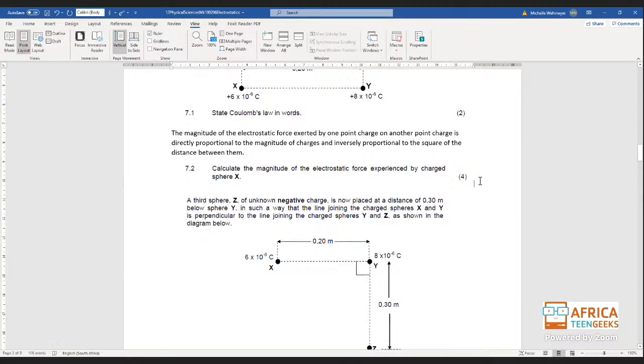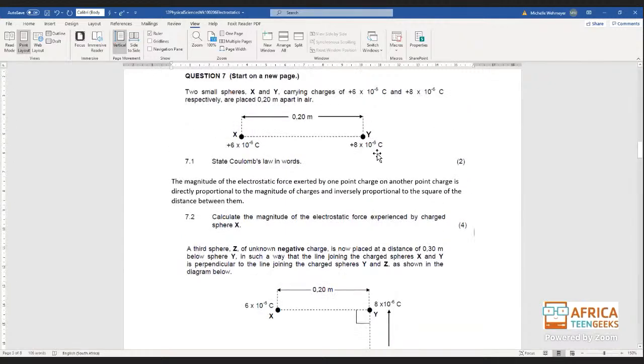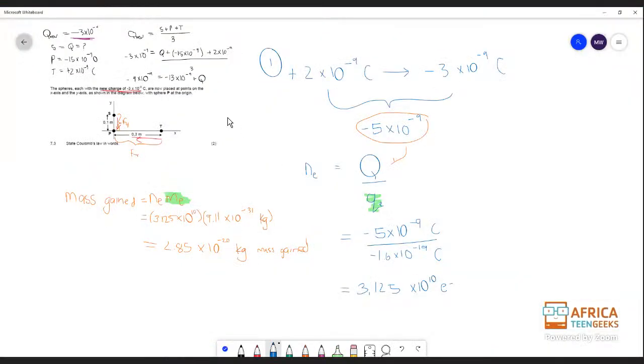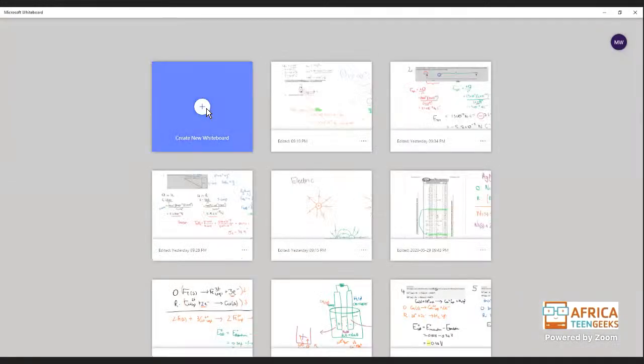Then question 7.2, they tell you to calculate the magnitude of the electrostatic force experienced by charged sphere X. So they're basically just asking you to work out the force for X. If we go to the whiteboard, we're just going to use the formula Fe is equal to K times Q1 Q2 over r squared.